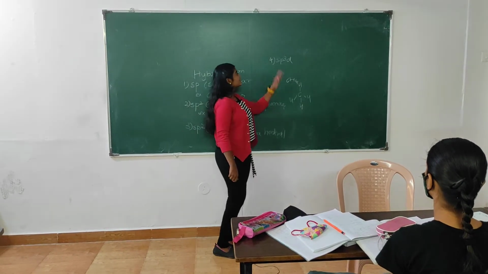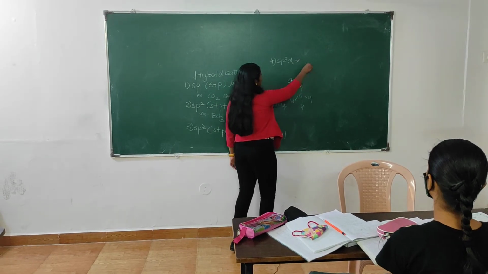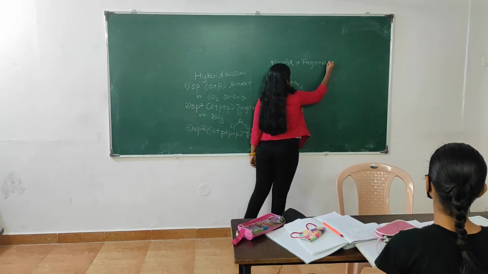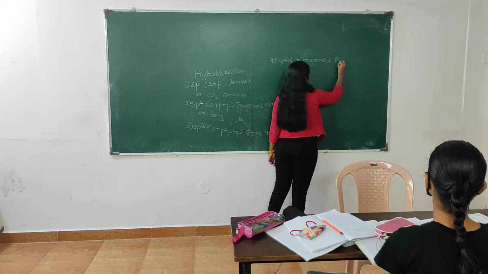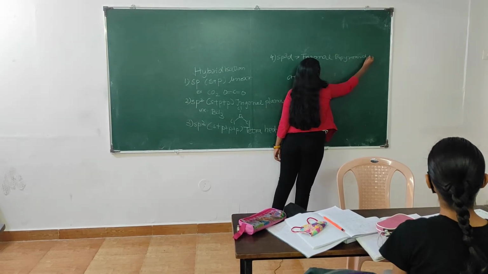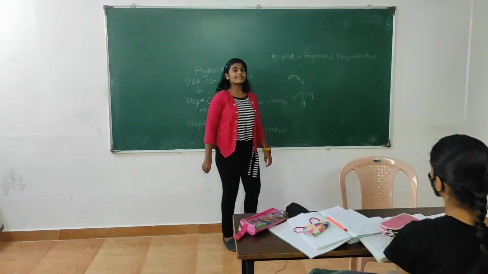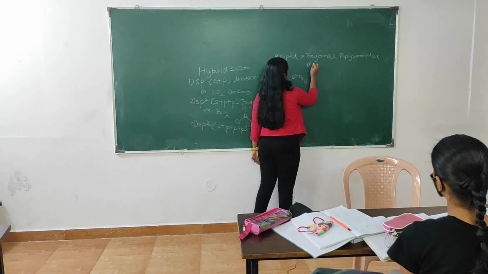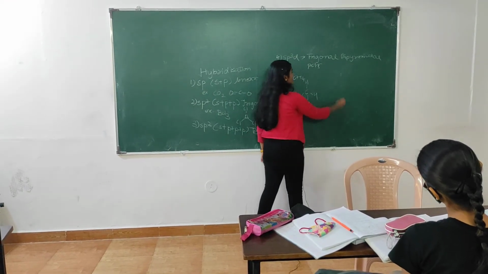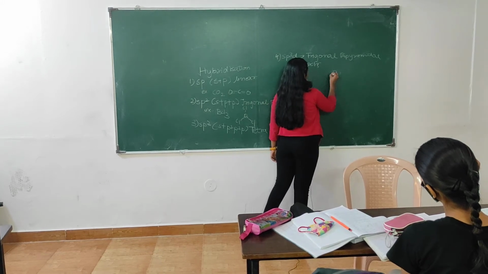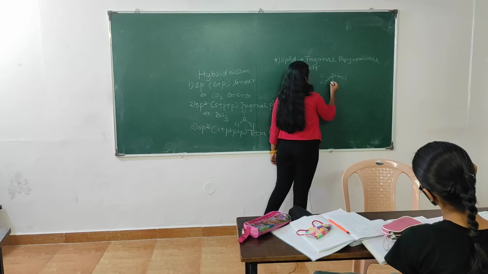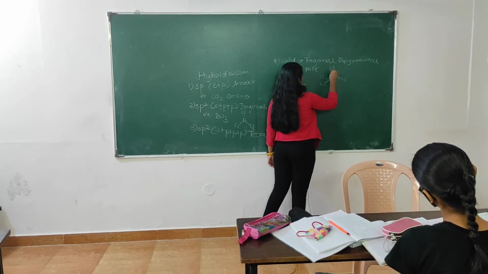Here for sp3d hybridization, the structure is trigonal bipyramidal, and the example is PCl5. Here we have the central atom as phosphorus and 5 chlorines attached with it in the shape of trigonal bipyramidal.